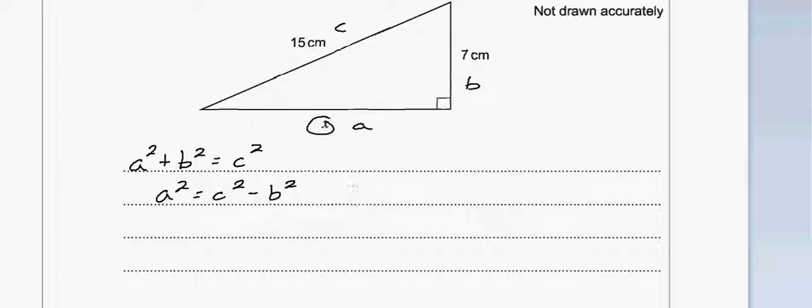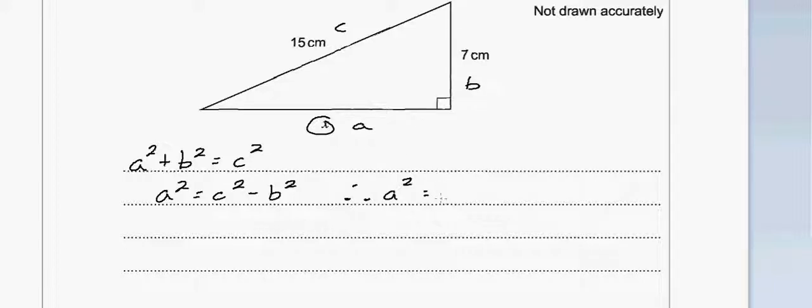Okay, so now we can put in values. a squared we don't know, so this equals c squared, which is 15 squared, minus b squared, which is 7 squared. I'm doing this in a hurry, so more haste, less speed is what I'm used to saying.